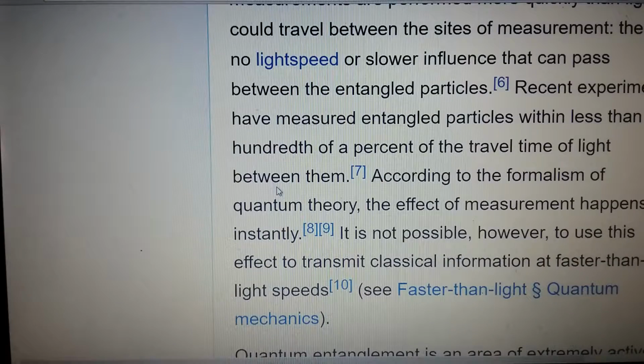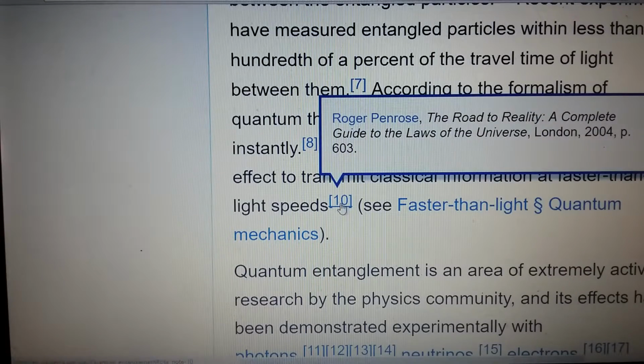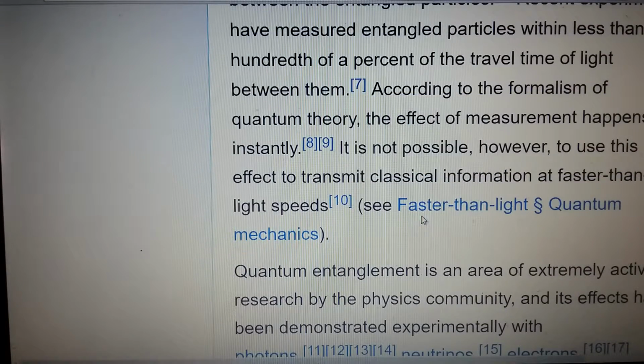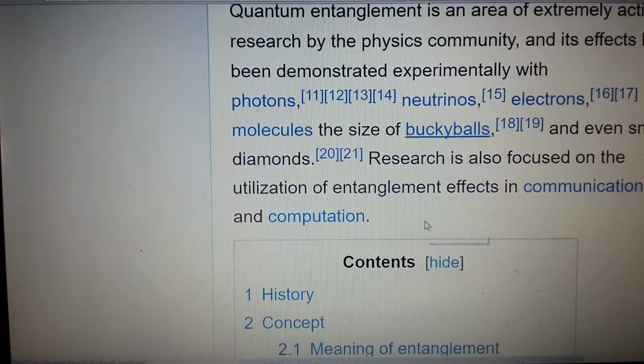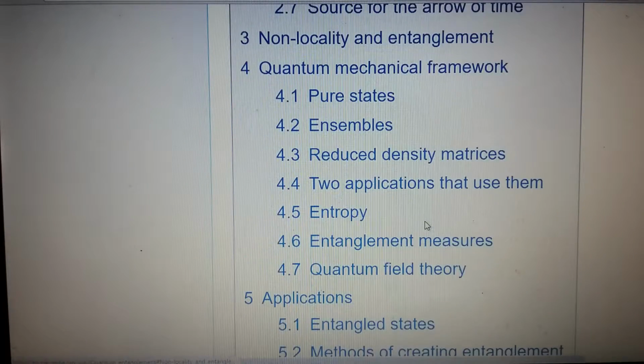Okay, so basically what they're saying is quantum entanglement allows information to transfer at speeds faster than light, which we first thought was impossible, but apparently it does exist.